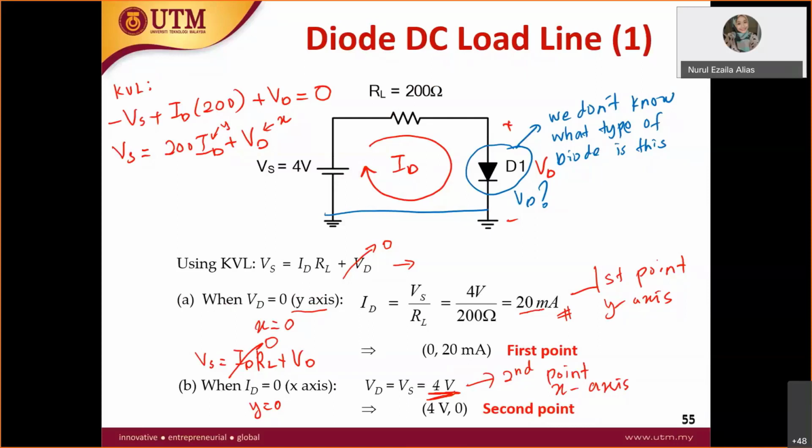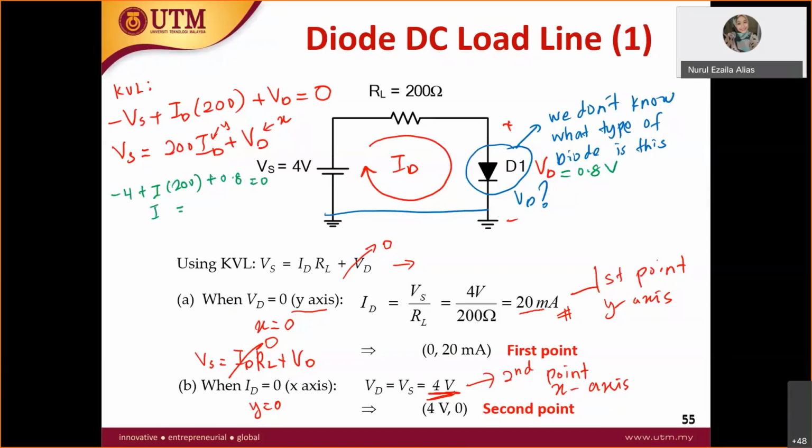Just now they said that it is 0.8, right? So if you apply KVL, this is -4 plus I times 200, and then plus this voltage VD, which is 0.8 volts, equals 0. Let's check whether it is the same or not.